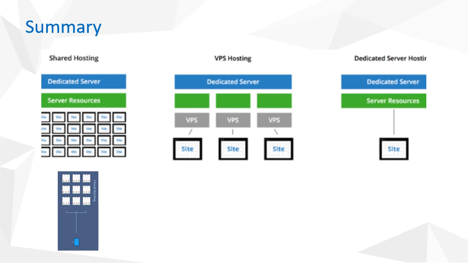With a dedicated server, you have your dedicated server, and all those resources are only allocated to one site. Now, I took the graphic of the cloud hosting, I flipped it a little bit upside down because it's almost the opposite of shared hosting. So rather than having one server handling tons of websites, you have tons of servers handling one website.